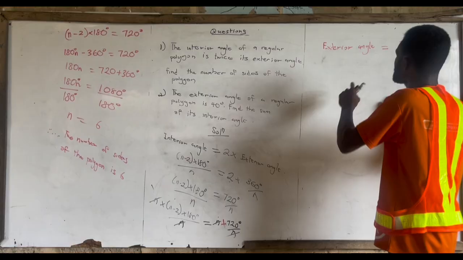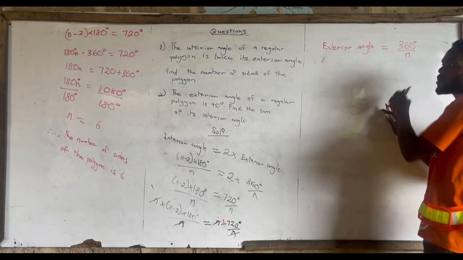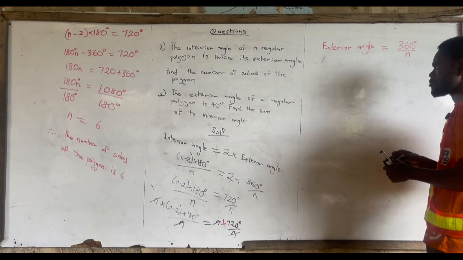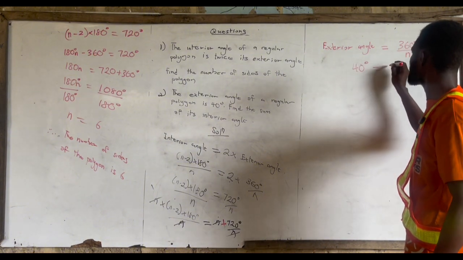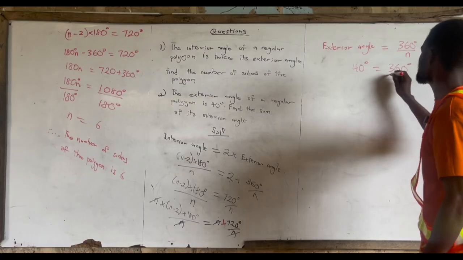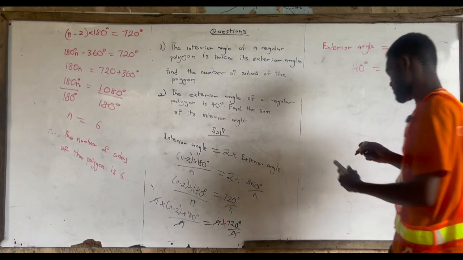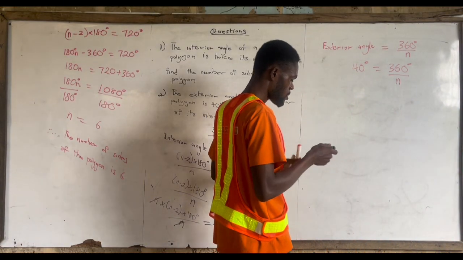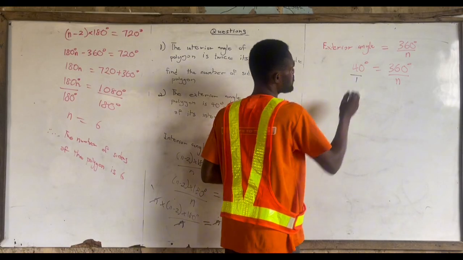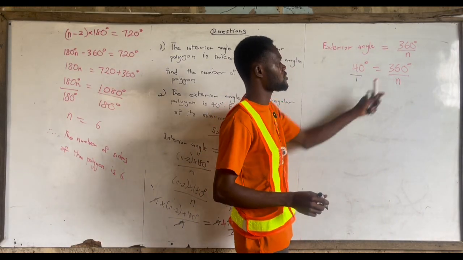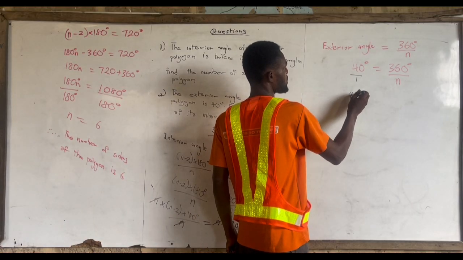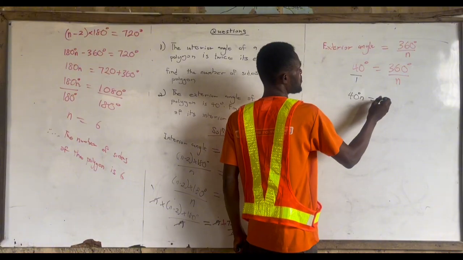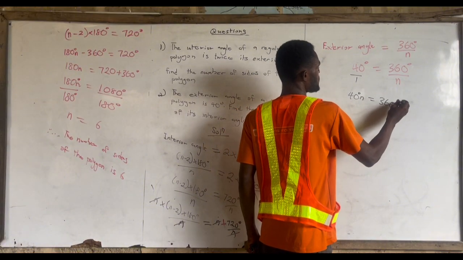So this means that we have to calculate n, then we use n to find the sum. Okay, so here we have 40 degrees is equal to 360 degrees over n. This one you can do cross multiplication. This is over 1, this is over n, so we have 40 degrees times n is equal to 360 degrees.